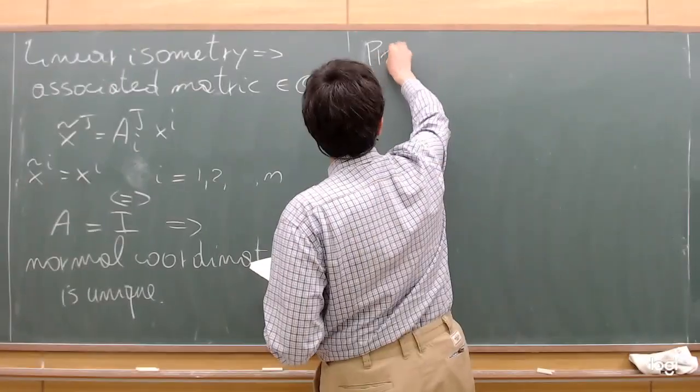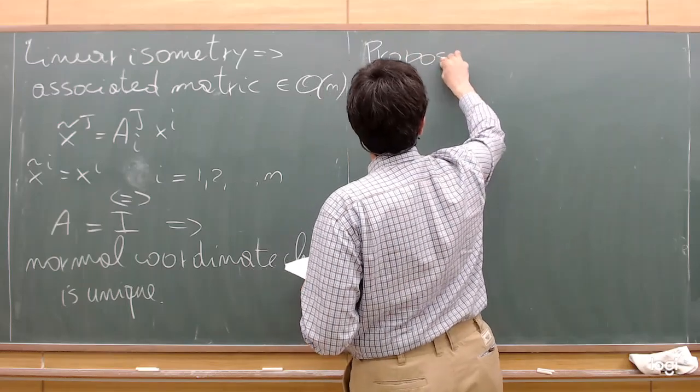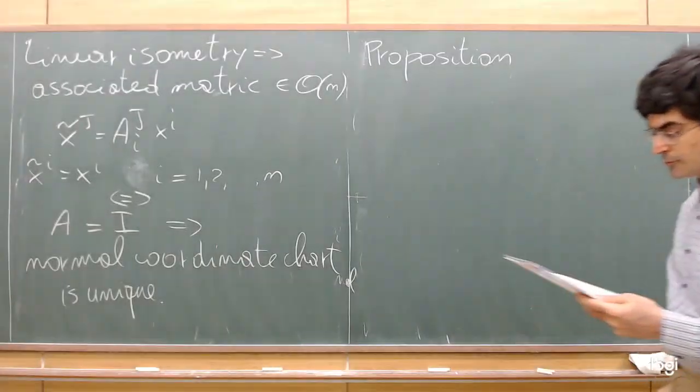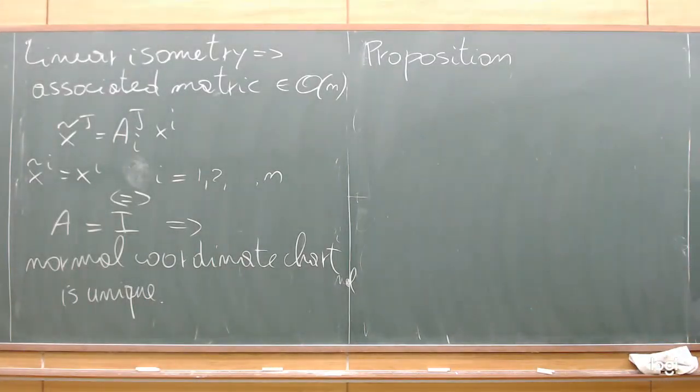The second proposition is about the other properties of normal coordinates.